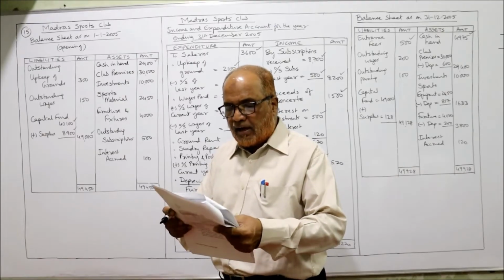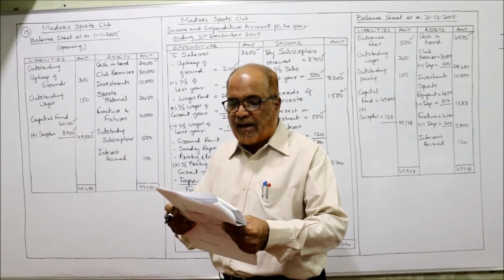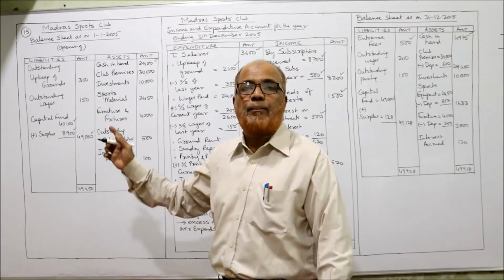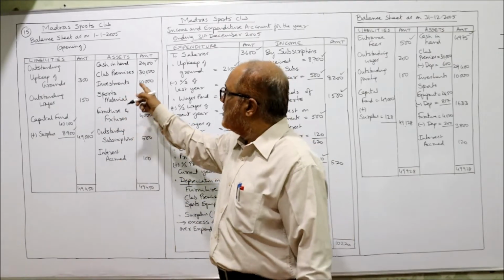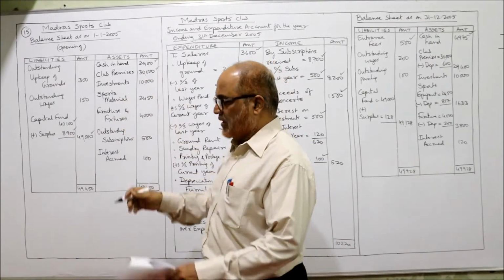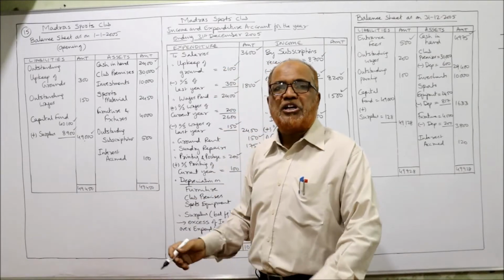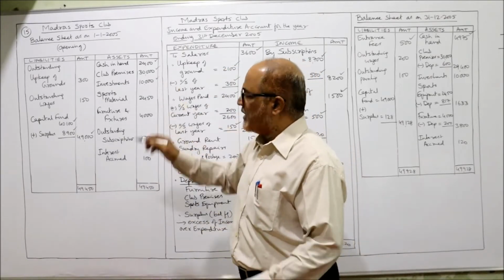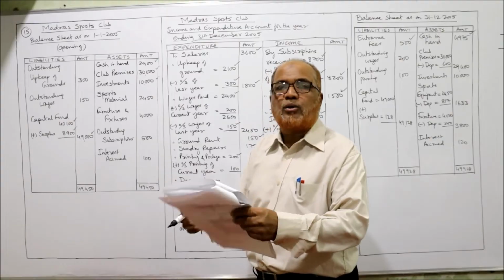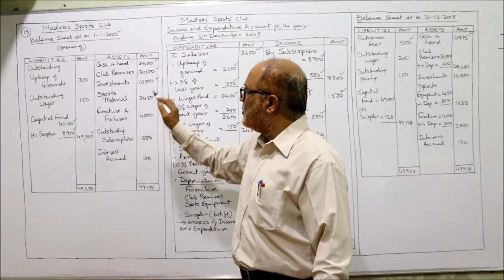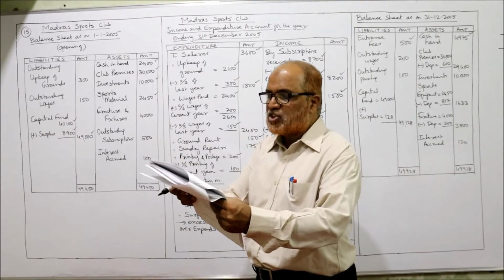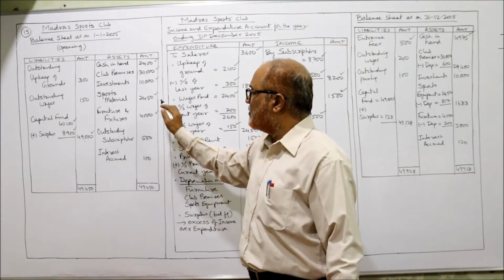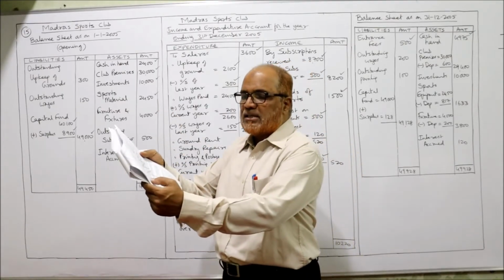And then we are given club premises and grounds as per valuation 30,000. So club premises and ground is an asset. Here club premises and grounds 30,000. Next comes investment 10,000. Next, sports material 2,450. Furniture and fixtures 4,000. These are the opening balances given.